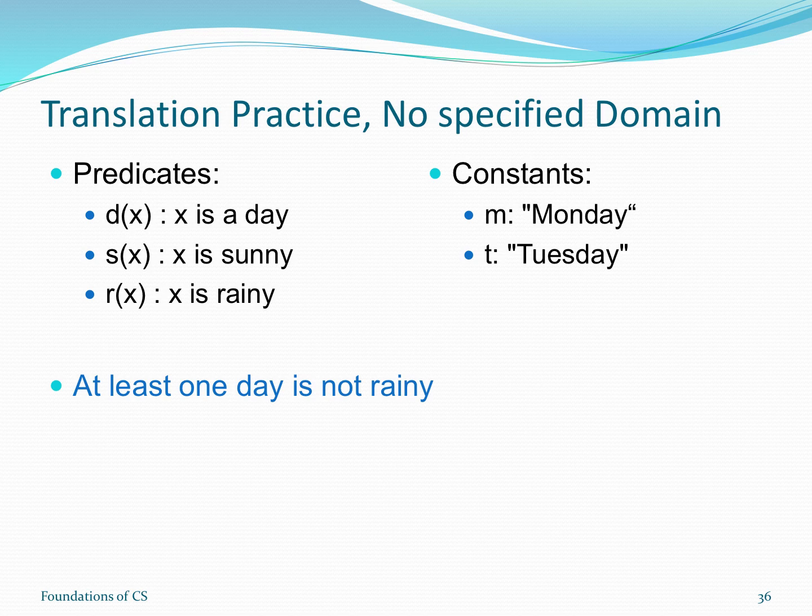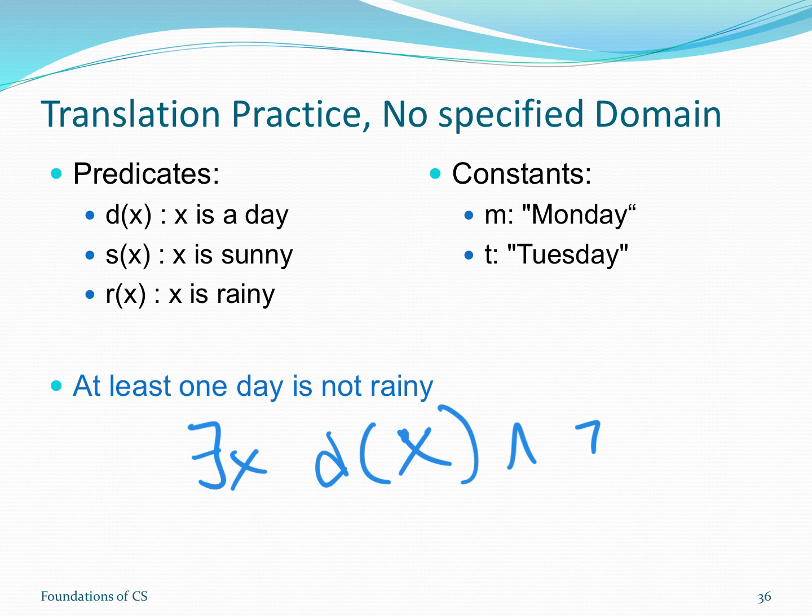That thing is a day, and it's also not rainy. So I'm going to write it like this: there exists an x such that x is a day and x is not rainy. And let's put some parentheses around that.